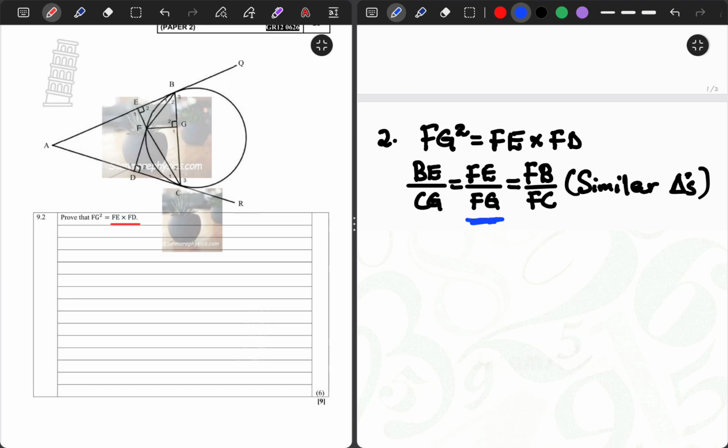FG is also, okay, FD. So I need to work with this triangle, and also let me check.